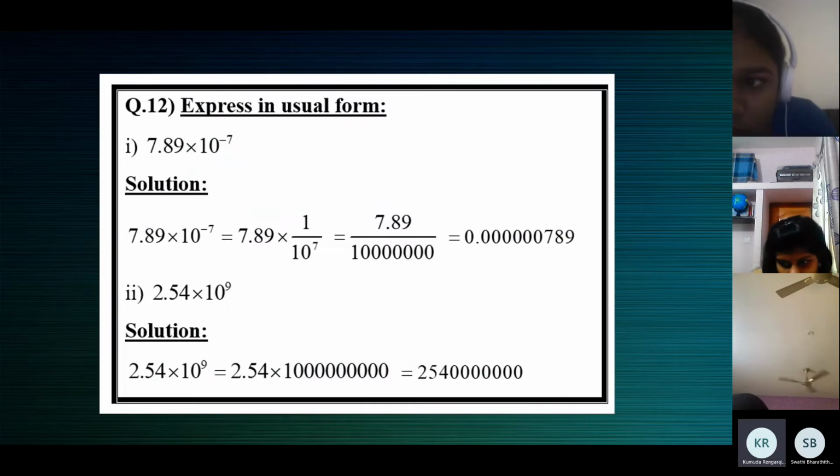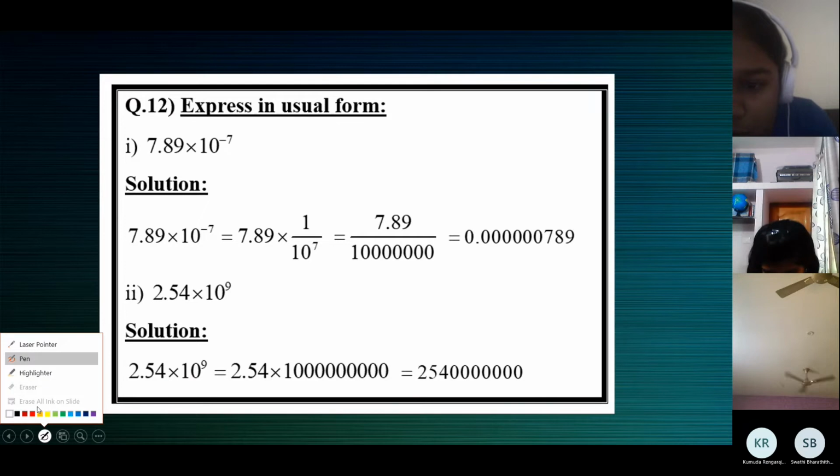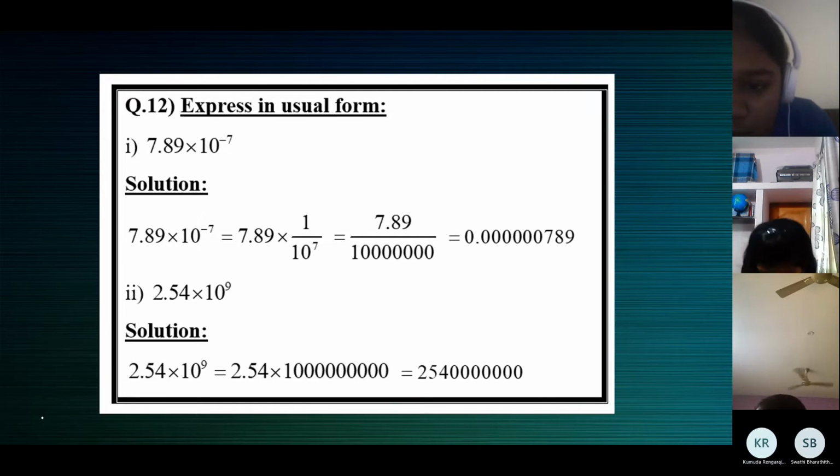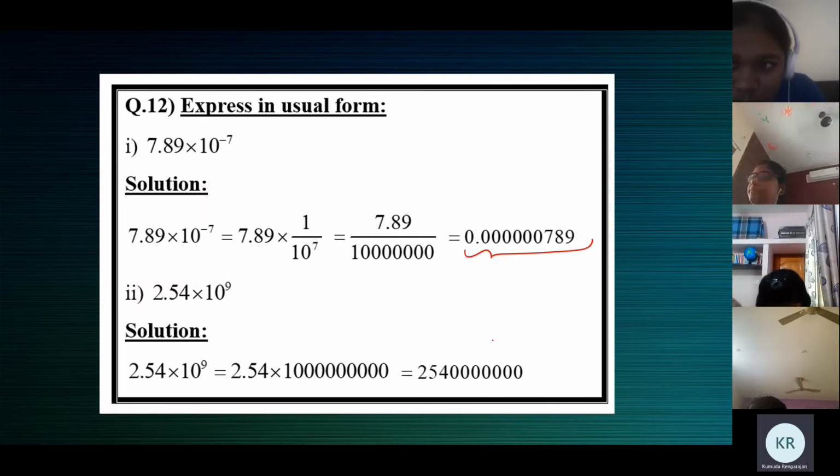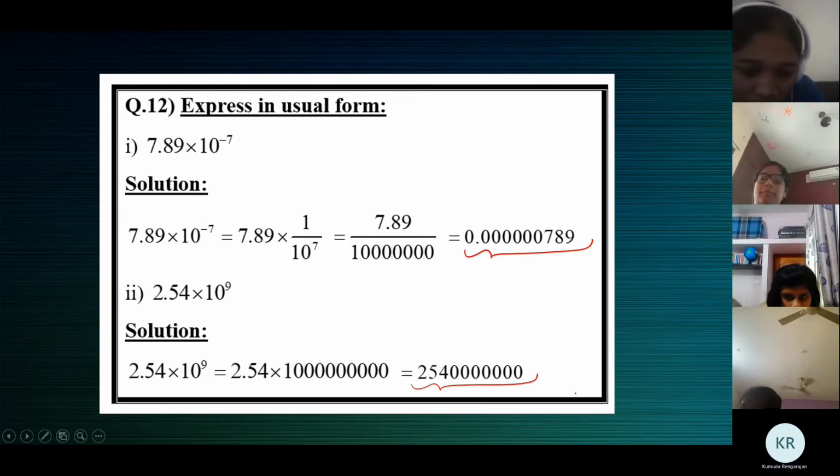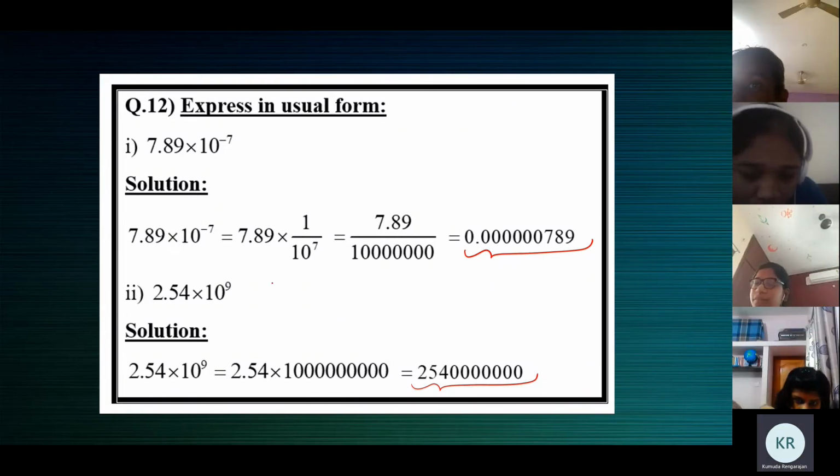So I told you how to write this straight away. This is just for your understanding why we have to increase or decrease the value.